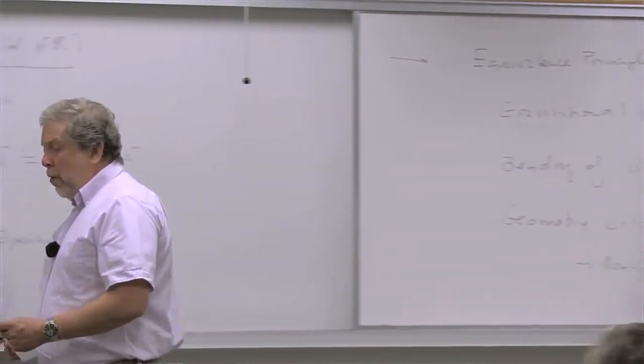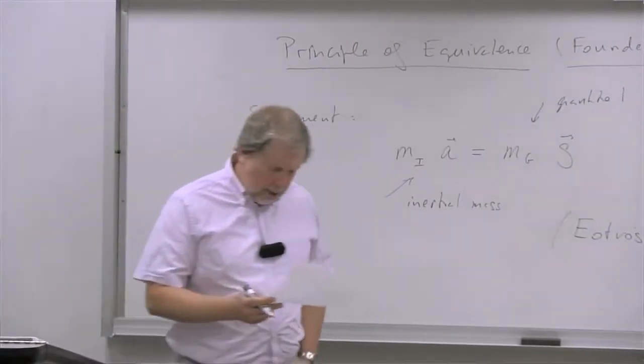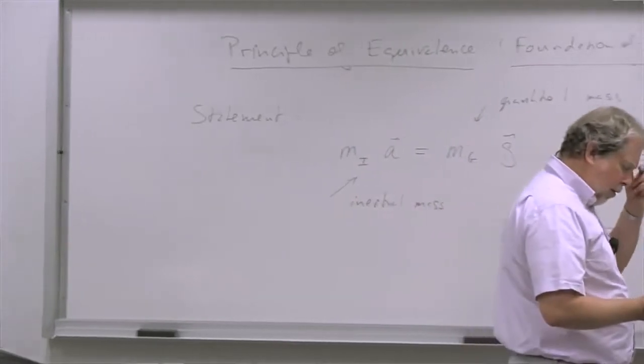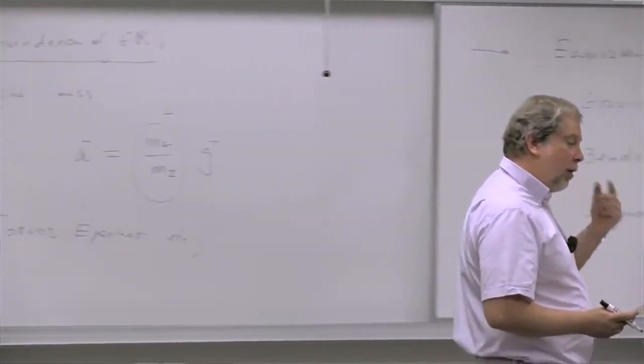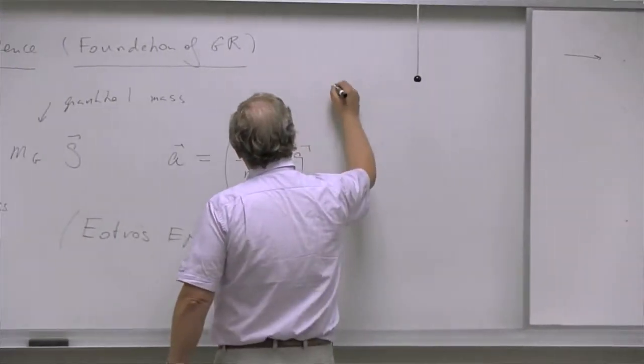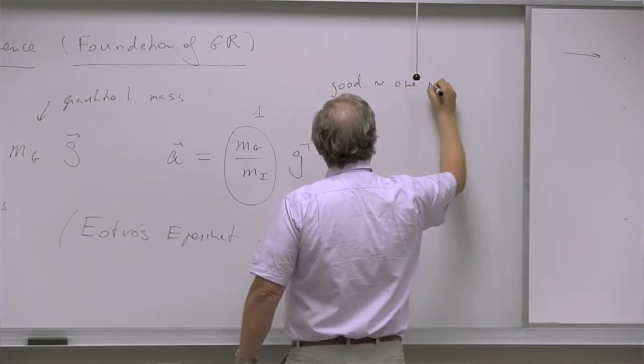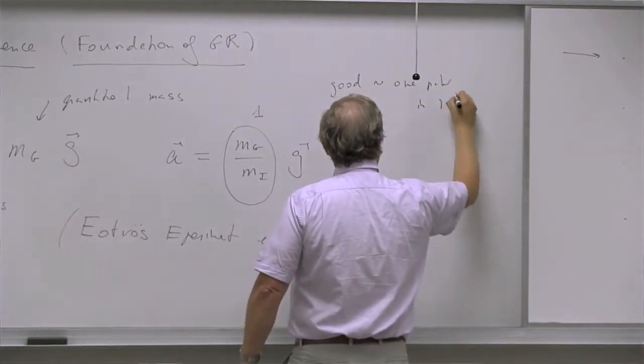And so nowadays, actually, there are analogs of the original Eötvös experiment, which was done early in the 20th century, which established this equivalence to about 1 part in 10 to the 12.